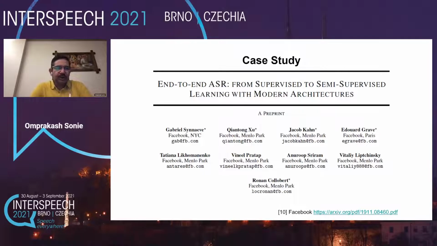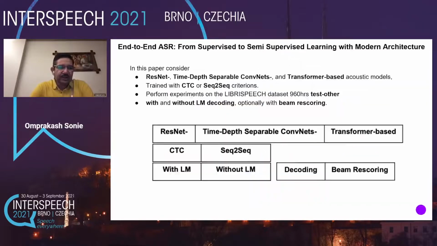This is the paper from Facebook called End-to-End ASR: from Supervised to Semi-Supervised Learning with Modern Architectures. This paper covers a lot of architectures, from ResNet and time-depth separable convolutions to transformer-based acoustic models.